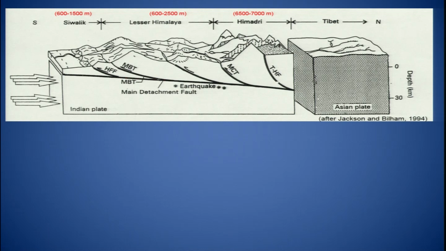We have the detachment and the faults which are imbricated, playing out as a major fault system: from the decollement, MCT, MBT and HFT. And the Kangra Valley sits somewhere between MBT and HFT. So we have the sub-Himalayas and then we have this one.